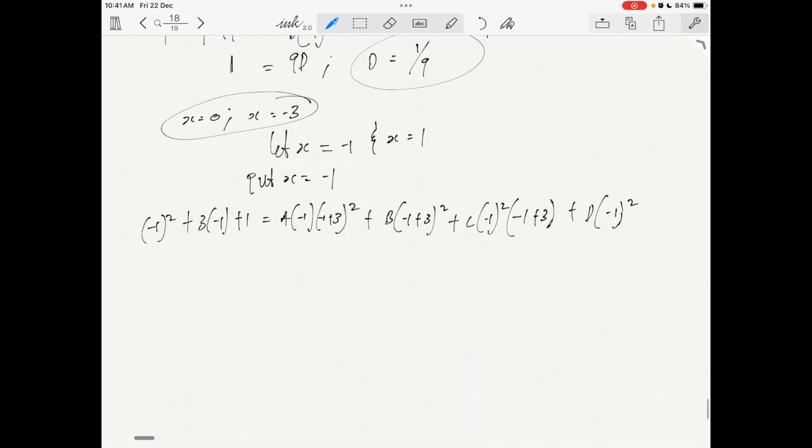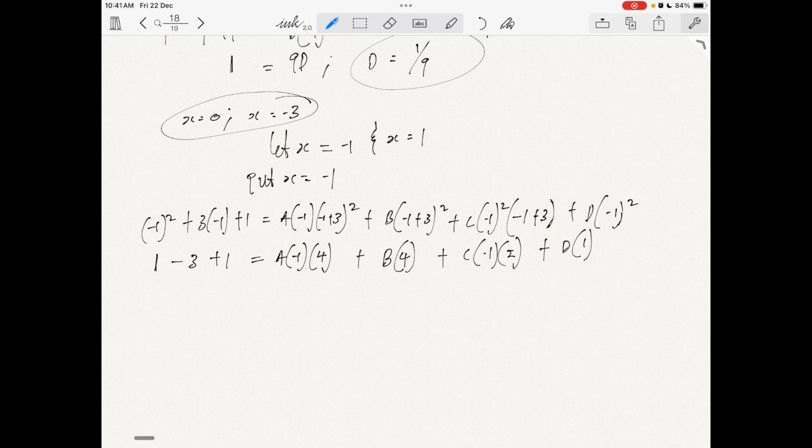So when we solve this, we have 1 minus 3 plus 1 is equal to a into minus 1. Minus 1 plus 3 is 2, and 2 squared is 4, plus b, minus 1 plus 3 is 2, squared is 4, plus c into minus 1 plus 3 is 2, plus d into minus 1 squared, that's 1.